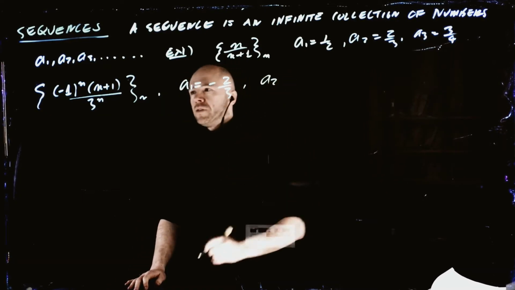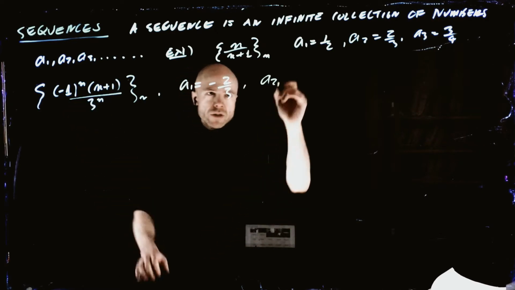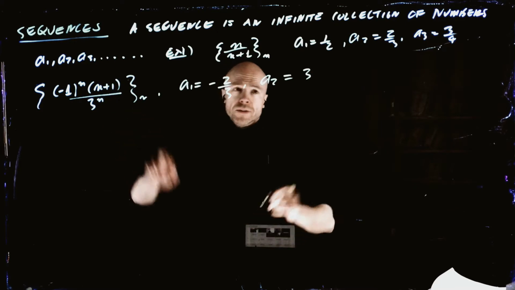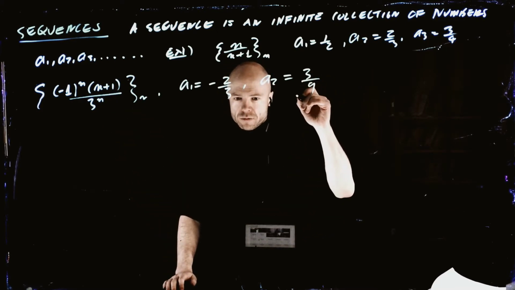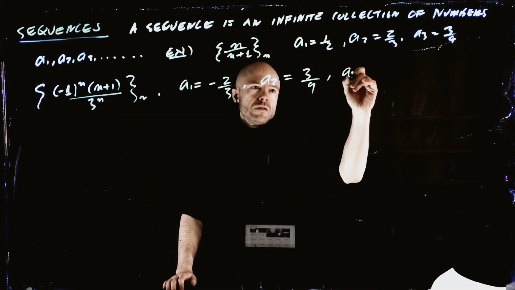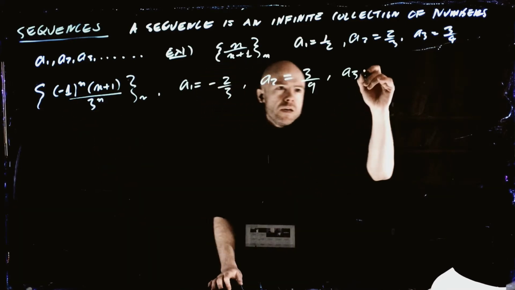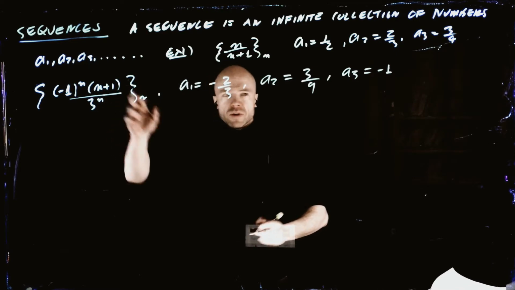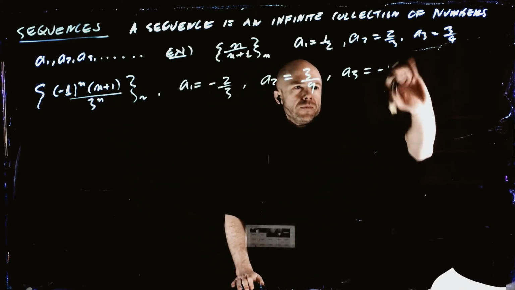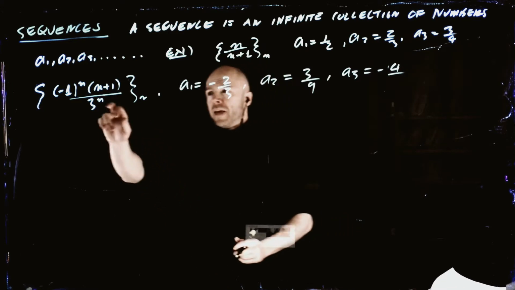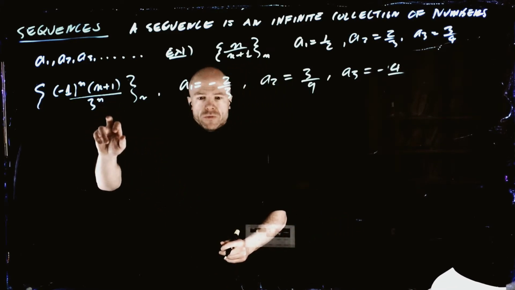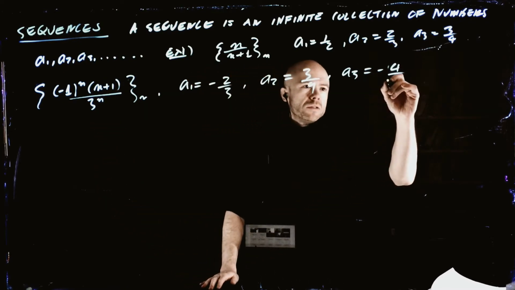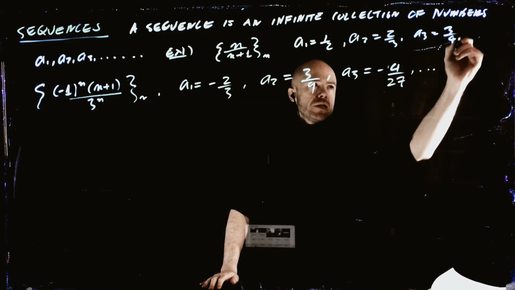A2, we have minus 1 squared, so it's positive, and then we're going to have 3 over 3 to the power 2, which is 9. A3, we have a negative sign, minus 1 to the 3 is minus, and then 3 plus 1 is 4, so it's minus 4, and then 3 to the power 3, so 3 times 3 is 9, and then times 3 again is 27. It's 27, and then so on, right?